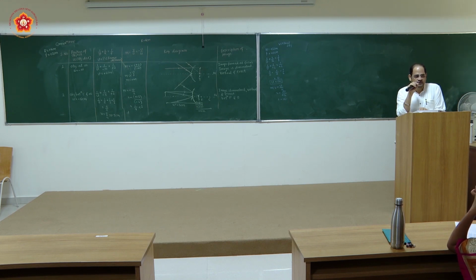Between F and P. So mention there, between F and P. So can you use this property to identify the different mirrors, plane mirror, concave mirror, convex mirror?